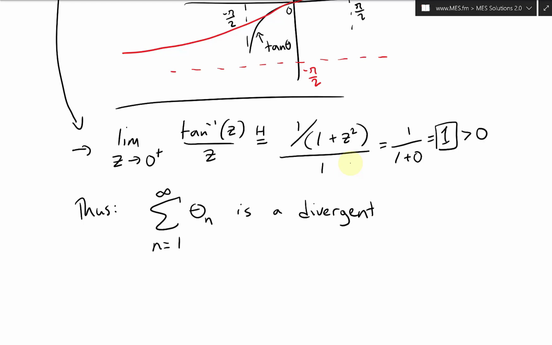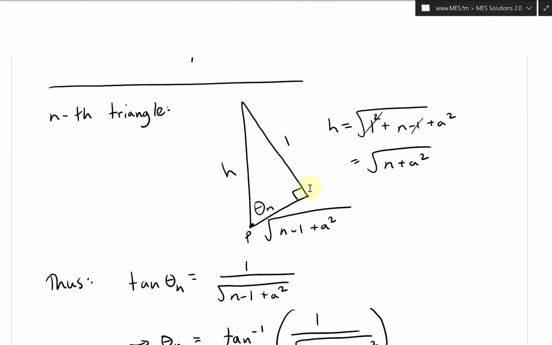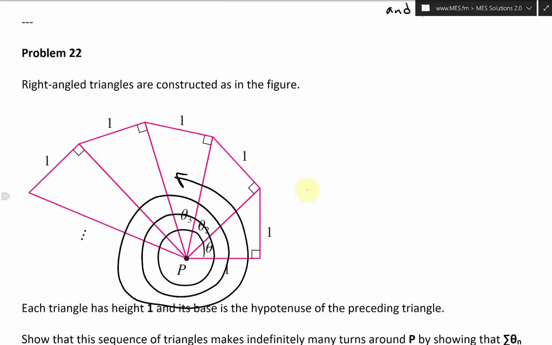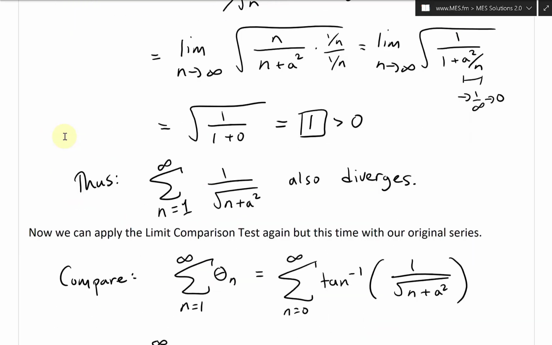In other words, it's going to rotate forever, with an infinite number of turns around this triangle setup. When you sum it all up, it goes to infinity. All right, let's erase this and continue.